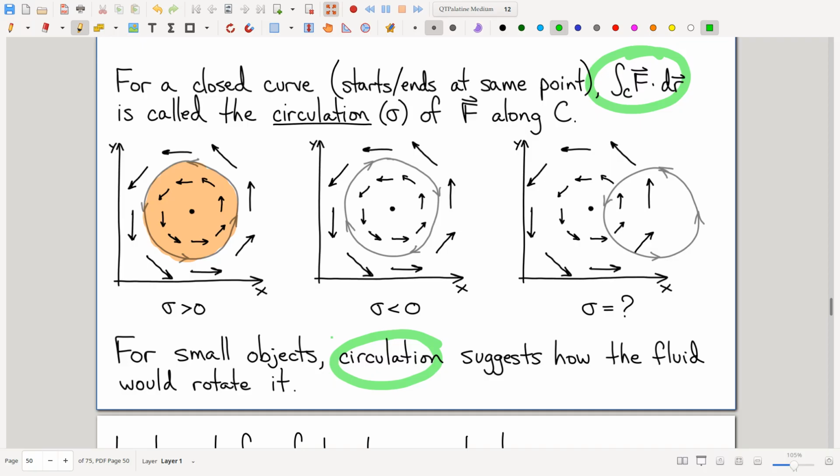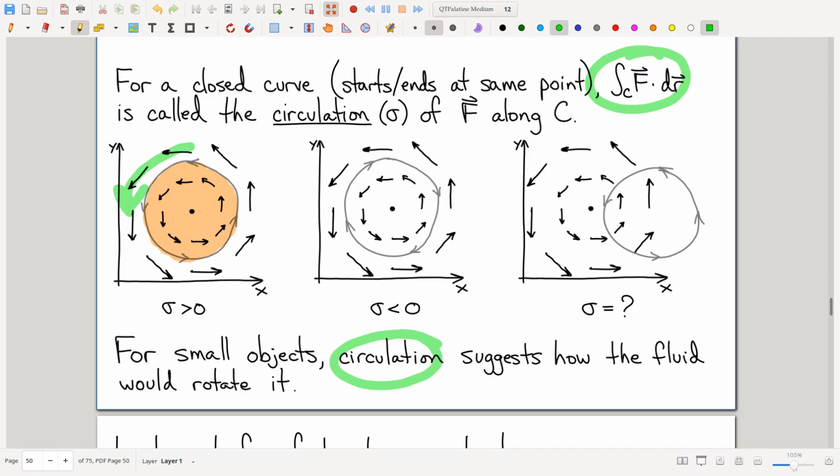So in particular, with the fluid doing this, positive circulation, what do you think would happen to this object? The fluid is doing what we see in this picture. Is this going to rotate clockwise? No. It's clearly going to be rotating counterclockwise. That's what the fluid is doing to it. Does that make sense? Everybody?